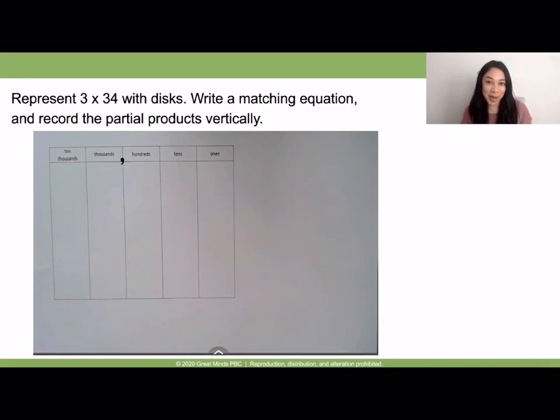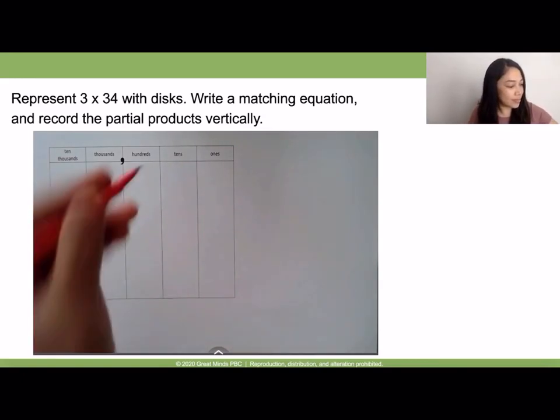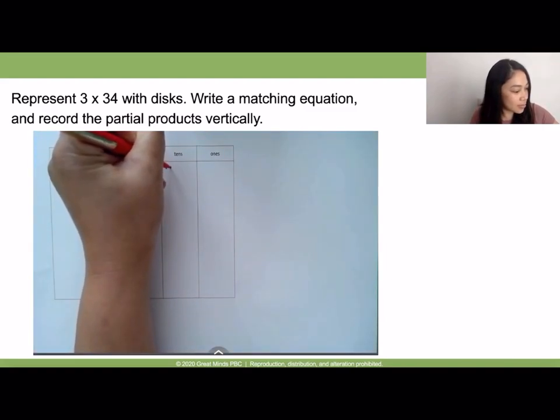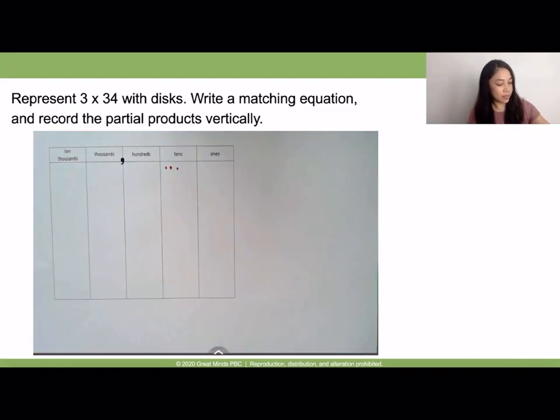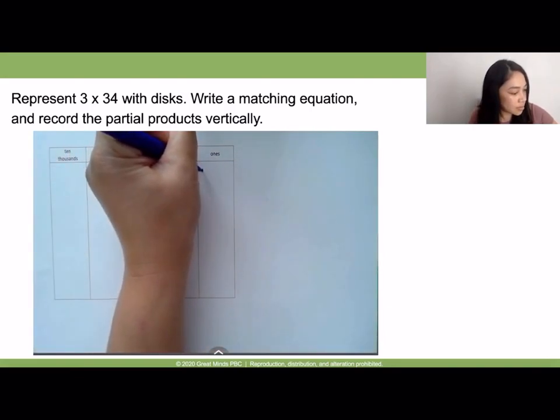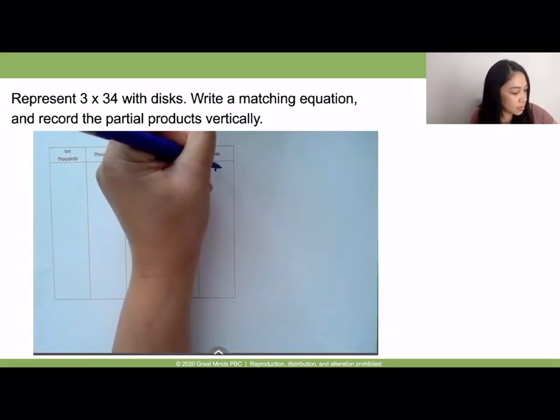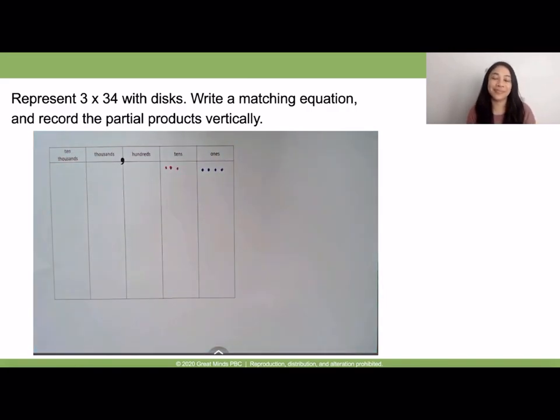Draw discs to represent 34 on your place value chart. What is 34 in unit form? 3 tens, 4 ones. Let's draw 2 more groups of 34 on our chart. We already have one group.